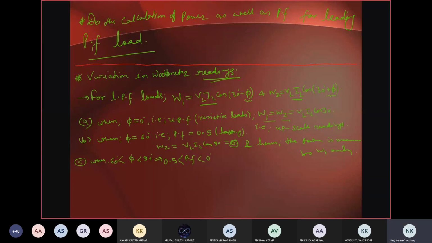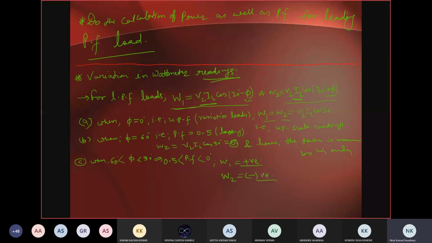So in this condition, W1 will have a positive reading, but the reading of W2 will be negative. Here you can see that for anything greater than 60 degree and less than 90 degree, W2 will give you the negative reading.